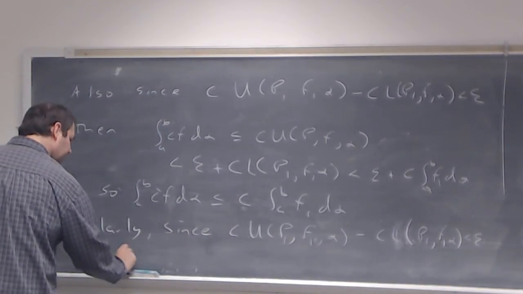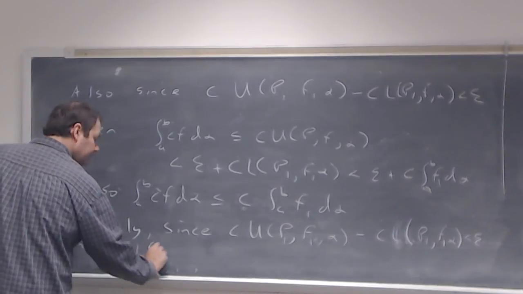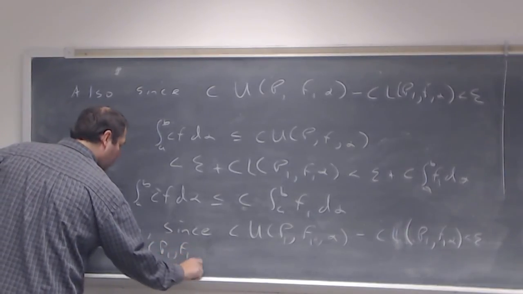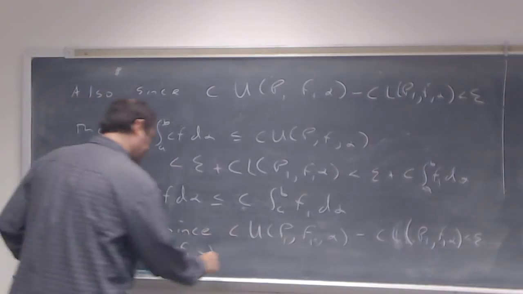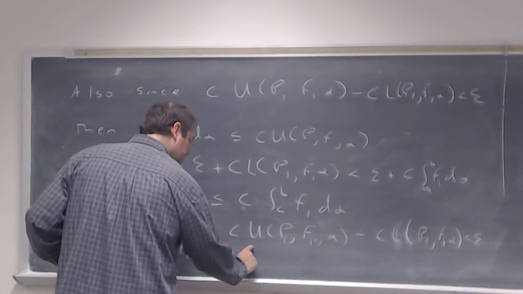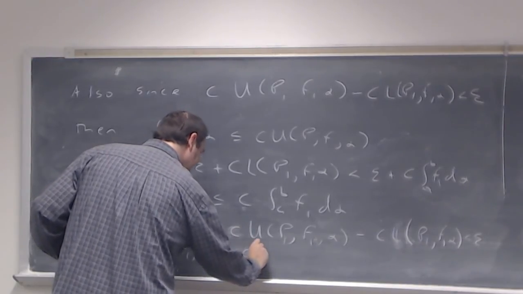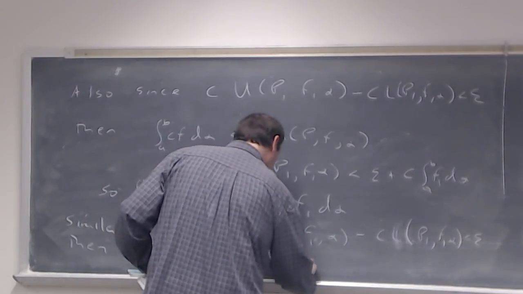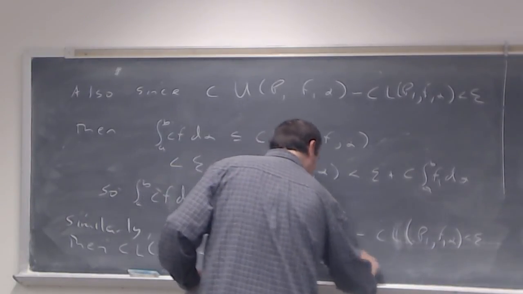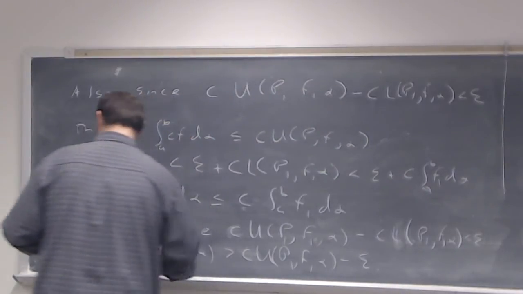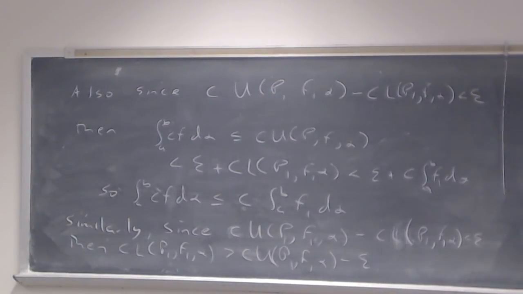We have that c times the lower sum, p sub 1, f sub 1, and alpha, this is similar to what we did earlier in the proof, is going to be greater than c times the upper sum, p sub 1, f sub 1, alpha, minus epsilon. This is similar to what we did with the f sub 1 plus f sub 2 part of this proof, okay? So I'm skimming a little bit of the details here.